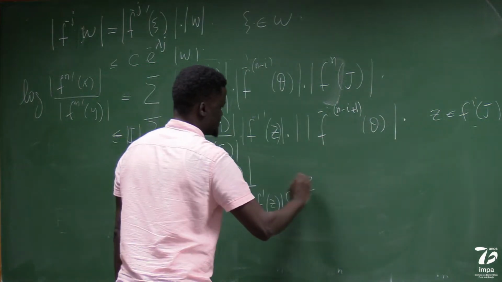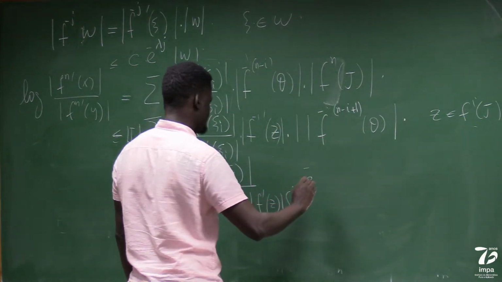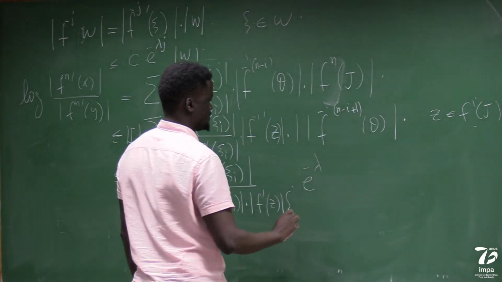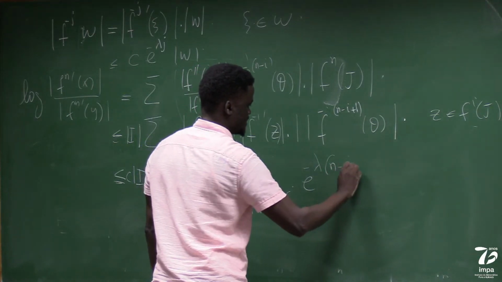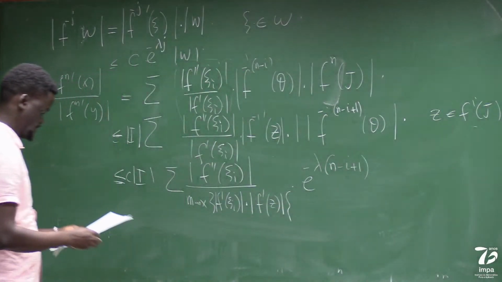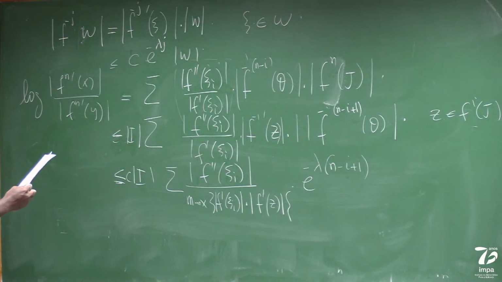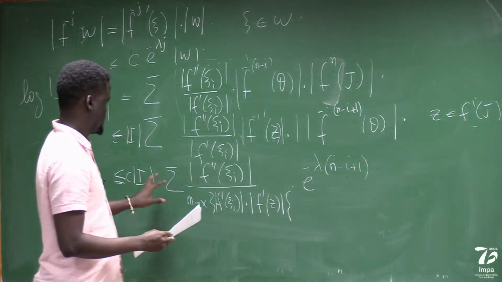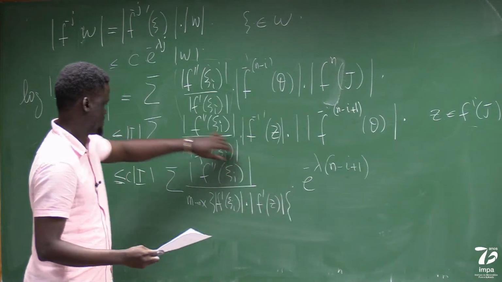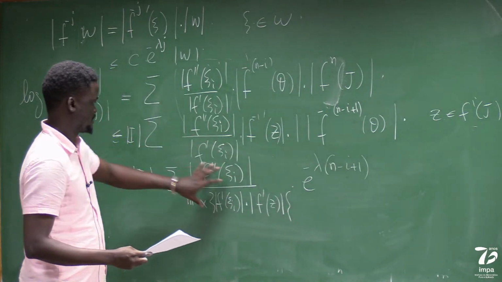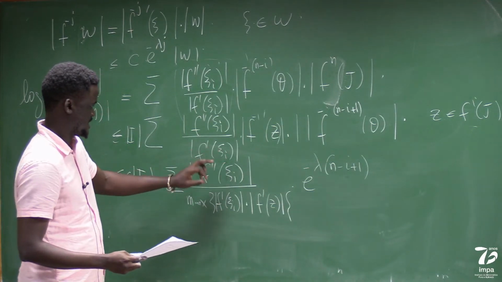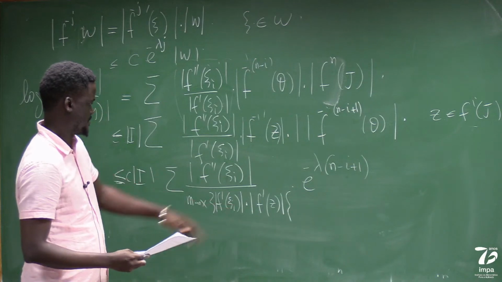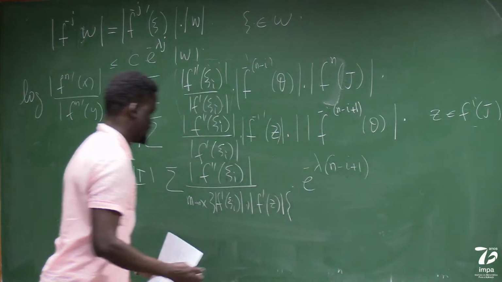Now you can use the expansion e to the minus lambda n minus I plus 1. And now the crucial observation here is that if you put this out, you replace it by the supremum of xi, and here you can have the square because the supremum you have it here below.